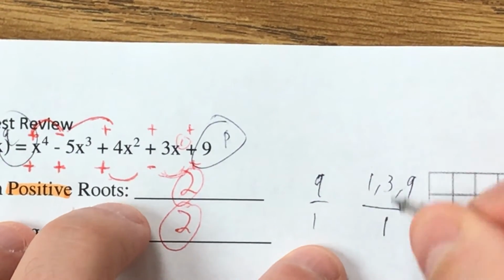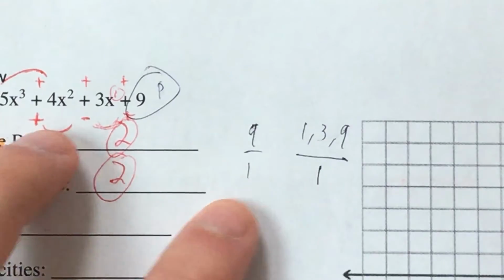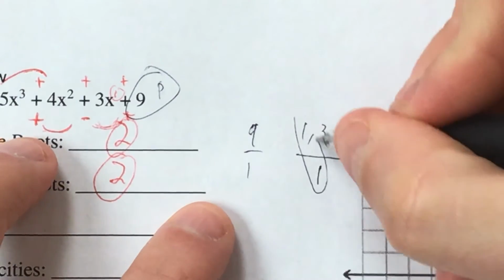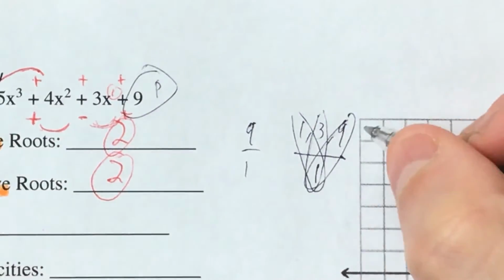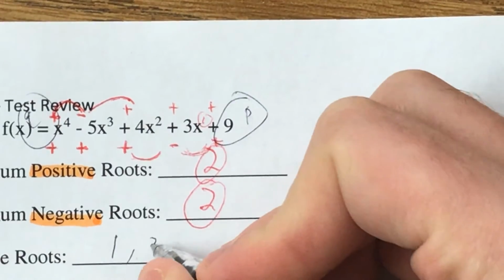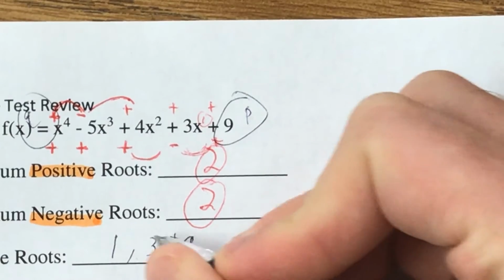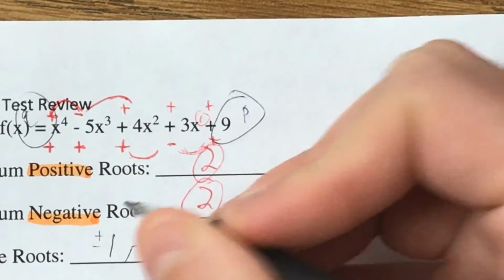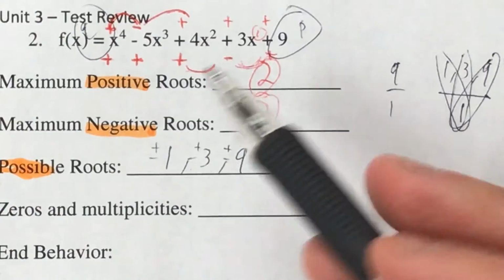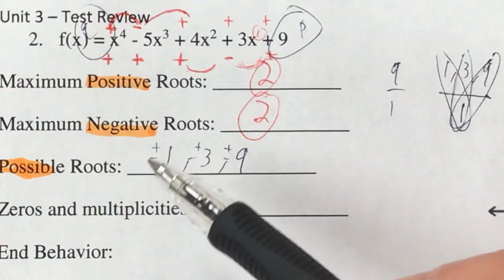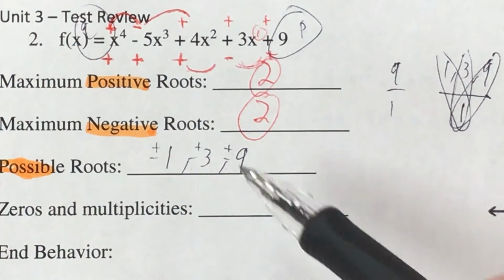Things that go into 1 are 1. So once again, it's pretty simple. It'll be 1 over 1, 3 over 1, and 9 over 1, which are just 1, 3, and 9. And once again, you make them all plus or minus. Please remember the plus or minus. If you forget it, you do lose points, because as we just set up here, there could be negative roots. So it could be -1, -3, or -9.